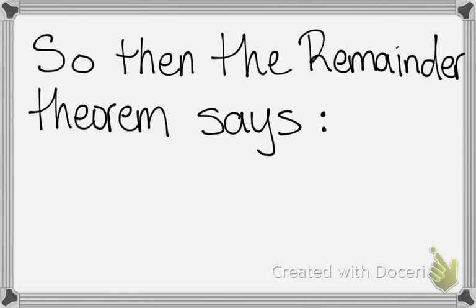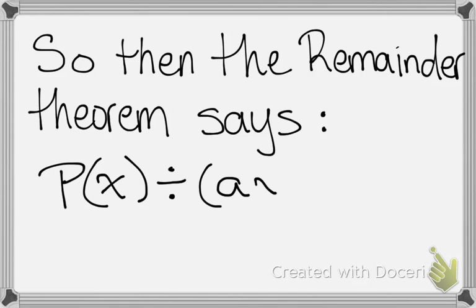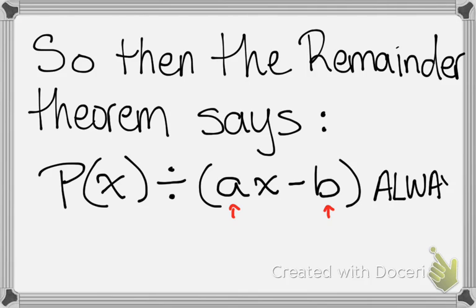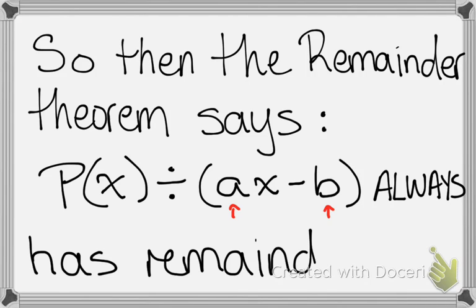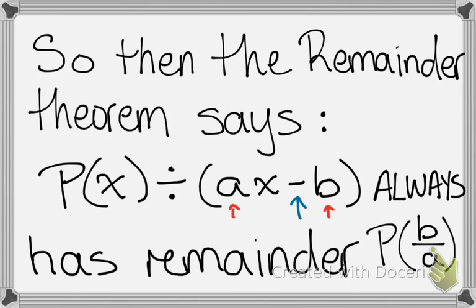And what it says is that if we want to take a polynomial and divide it by a linear, so ax minus b, it always has the remainder that we can calculate by calculating p of b over a.